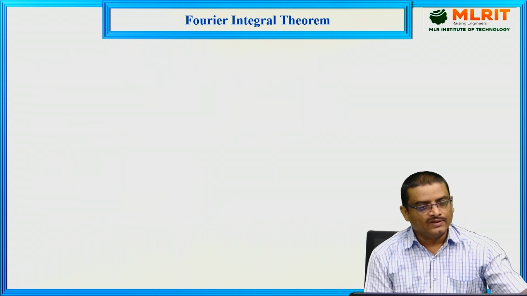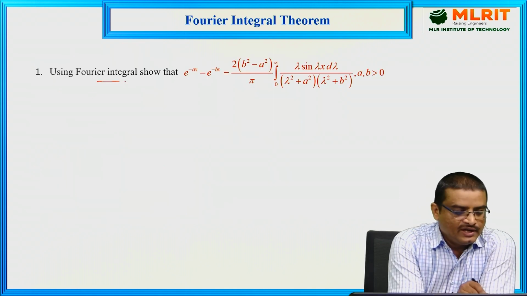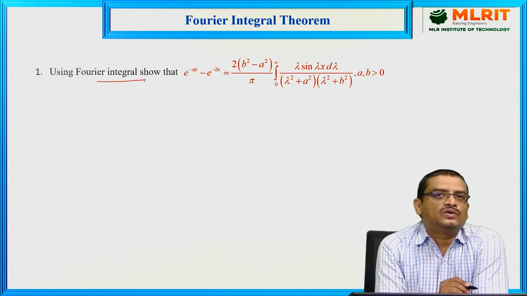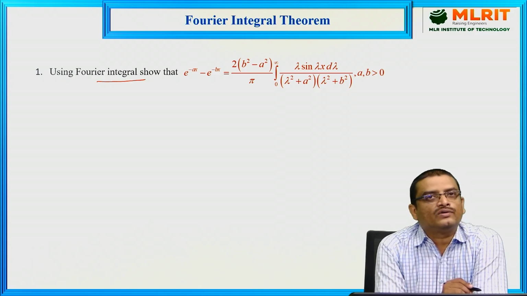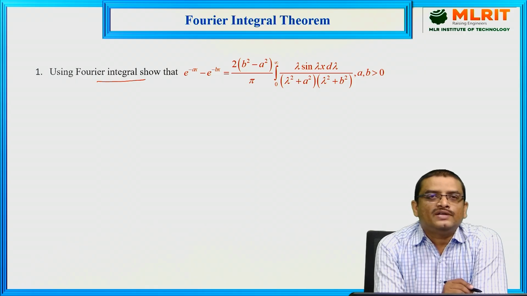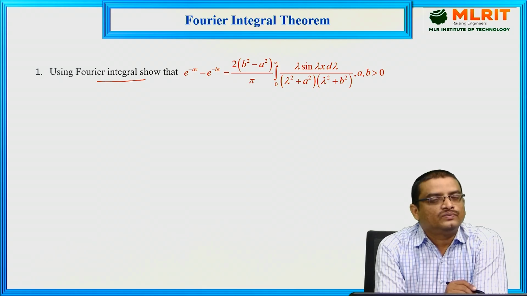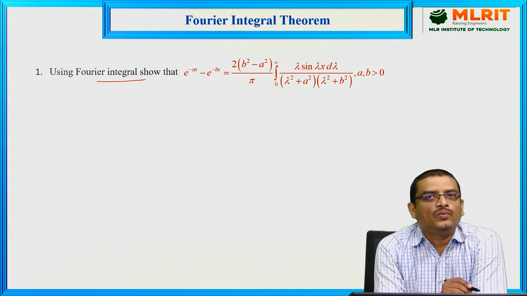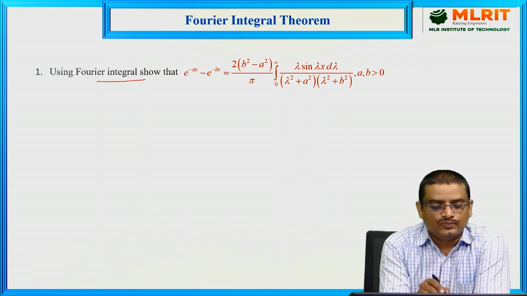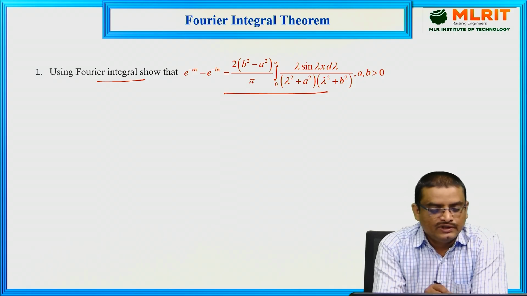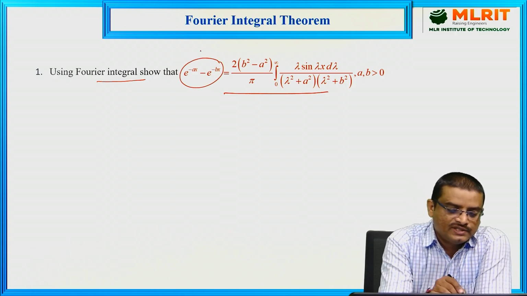Now let us take the problem here. Using Fourier integral, we have two types of Fourier integrals. One is the Fourier sine integral and the other is the Fourier cosine integral. In the problem he has not mentioned the particular formula, he has just mentioned Fourier integral. So we have two, and based on that we have to decide on one Fourier integral formula to prove this condition here. So this is the function, you consider this as a function f of x.